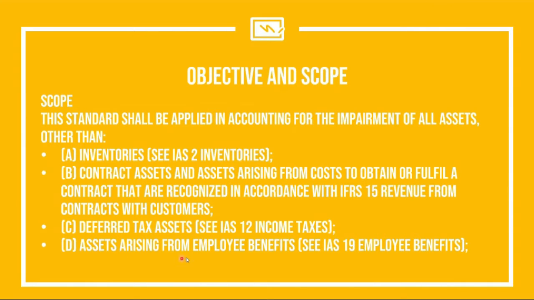Letter D, assets arising from employee benefits because it is covered by IAS 19. The plan assets or the assets arising from employee benefit transactions are actually not measured based on fair value less cost to sell or value in use, but rather they are measured based on actuarial assumptions.